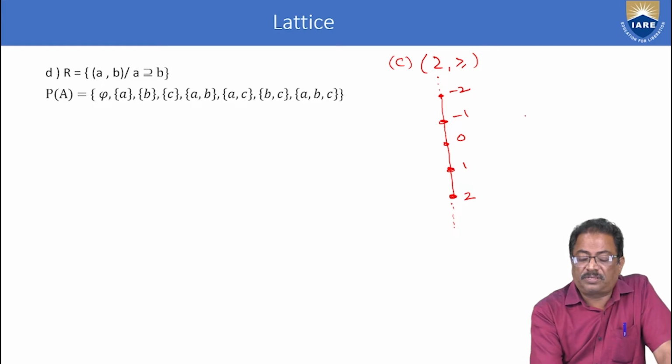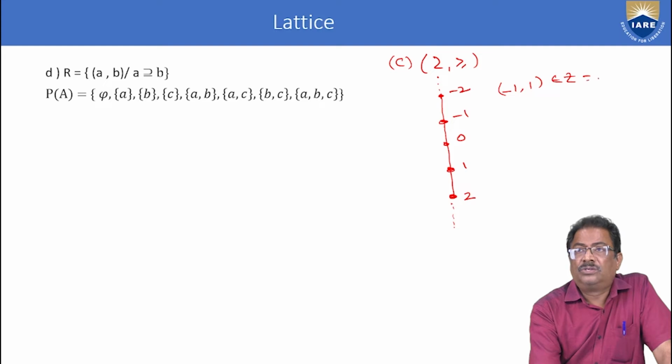Now you take any pair of elements. Suppose in Z I am taking minus 1 comma 1. I am just taking a pair of elements in Z. So what am I going to get? For minus 1, 1, the least upper bound is 1.